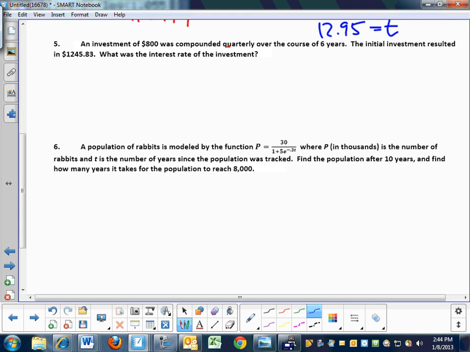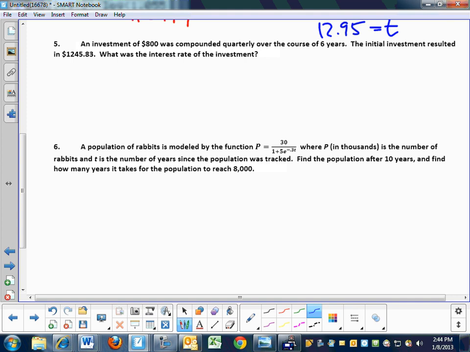All right, an investment of $800 was compounded quarterly over a course of 6 years. The initial investment resulted in $1,245.83. What was the interest rate of the investment? So now we're solving for the interest rate.